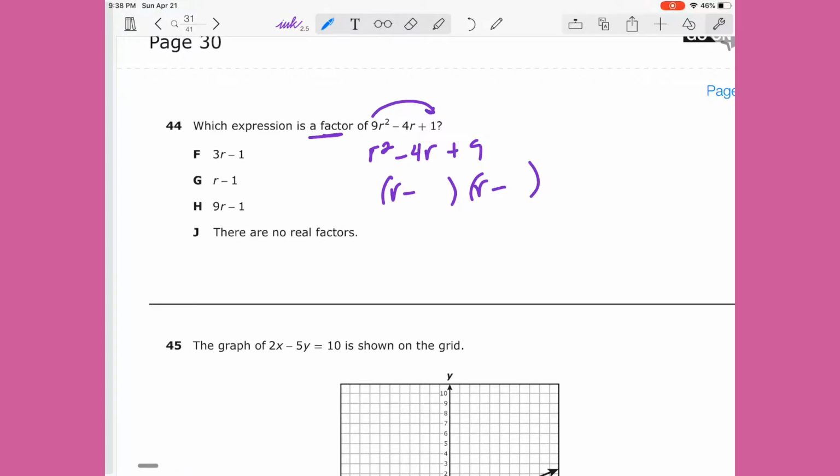There are no factors of 9 that will add up to 4. I have 9 and 1, where 9 times 1 gives me 9. I have 3 times 3 gives me 9. So none of those will work. That tells me that there are no real factors for this quadratic after all.